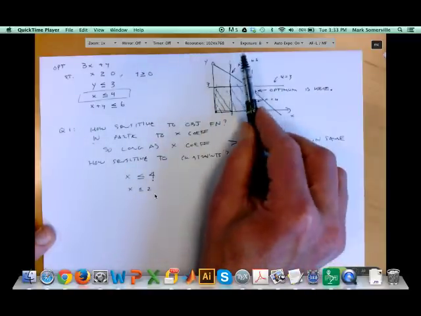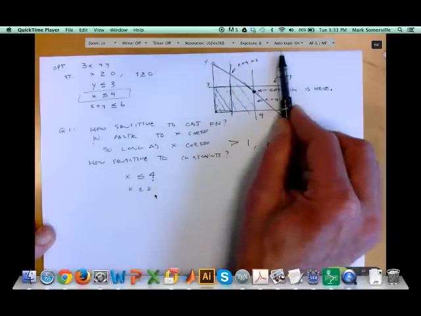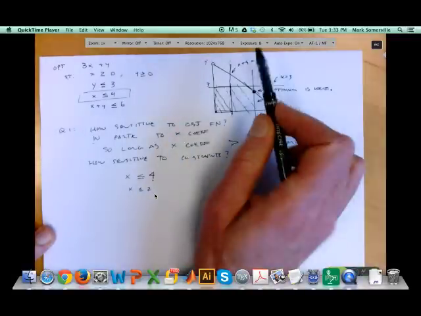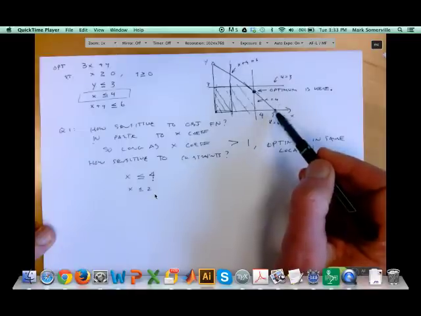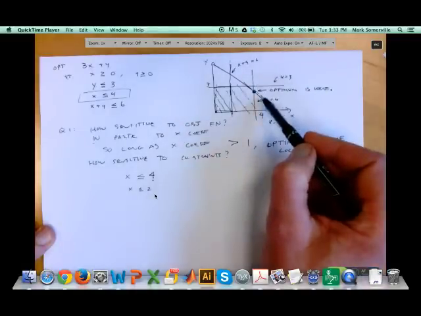By the same token, if I start to make x bigger, once x gets to be bigger than 6, because this intersection is at x equals 6, then that constraint is out of the ballpark again, and I'm going to have an optimum that will be at this point instead of at the intersection of this constraint and this constraint, right?